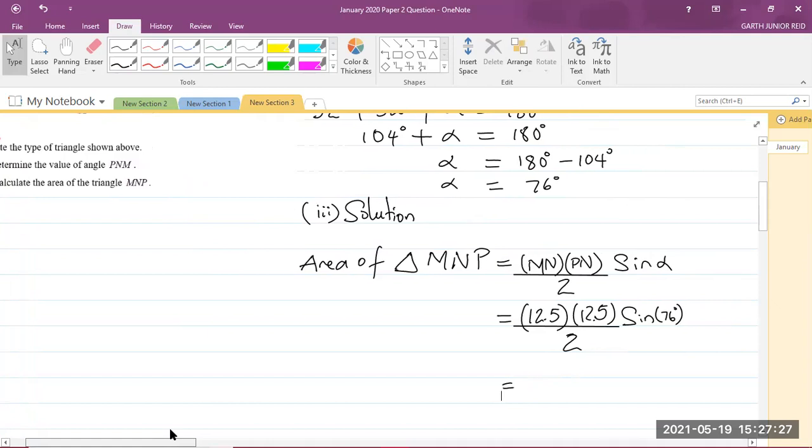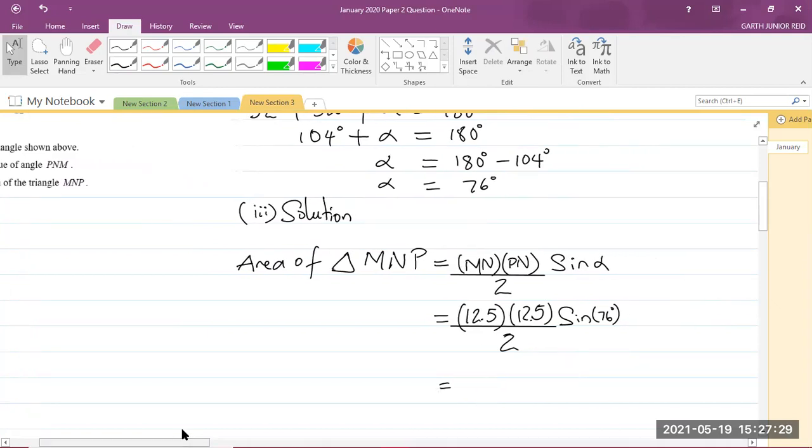If you put this value into your calculator, I can now say that the area of triangle MNP is equal to 75.80435362.